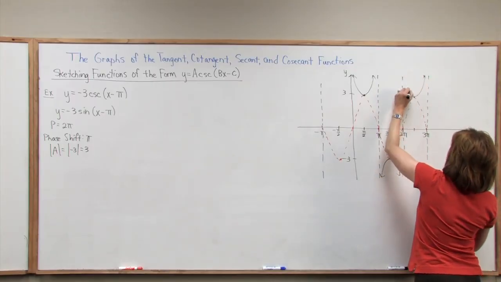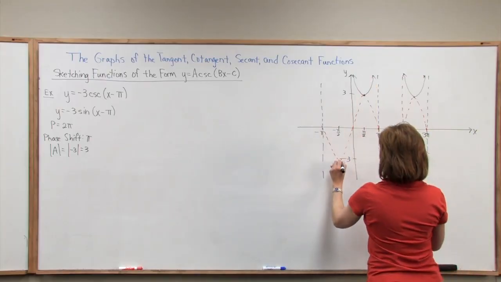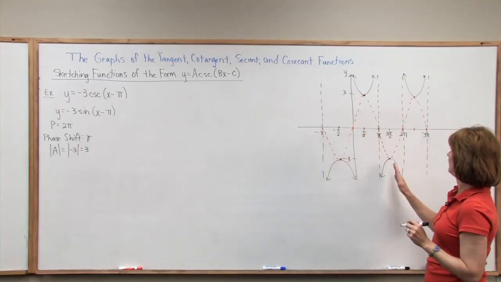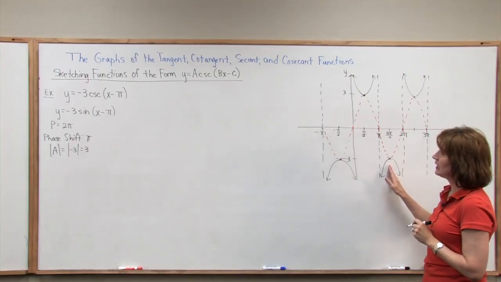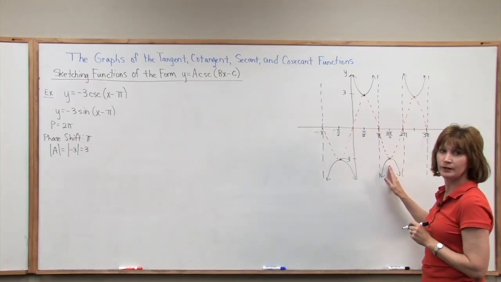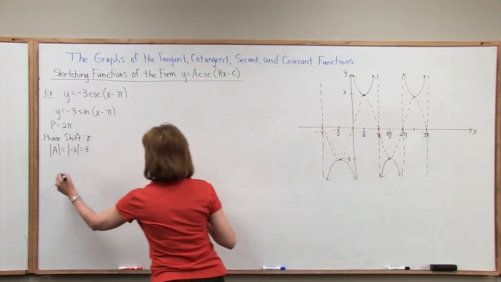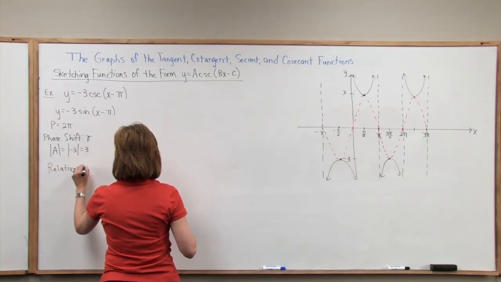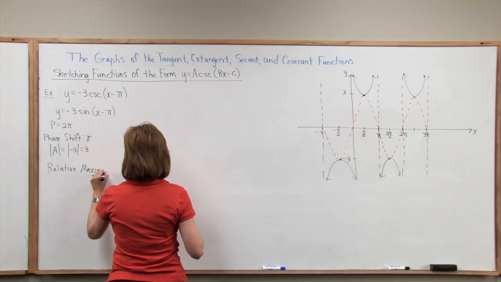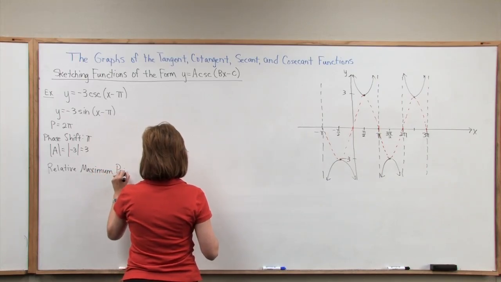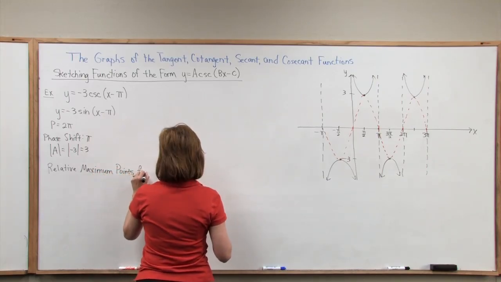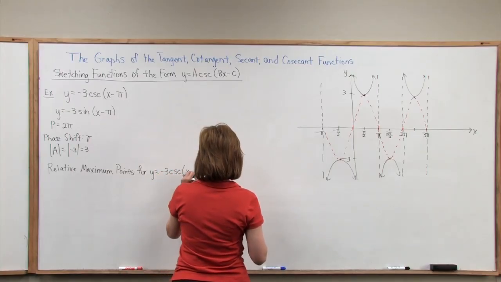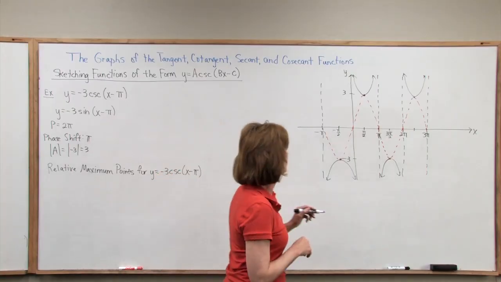So let's draw our graph. Okay, we've got our points labeled. Next we want to know what the relative maximum points are for the cosecant. Let's see where they are.